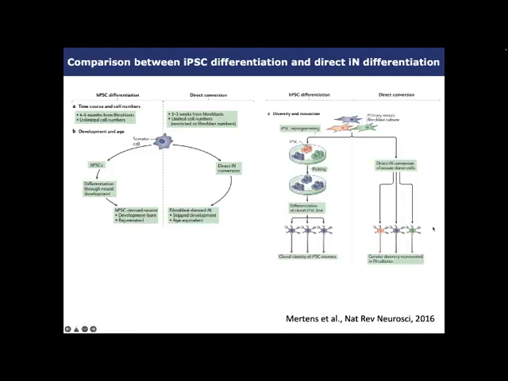So why is direct reprogramming beneficial? There are many differences between these two methods. Making induced pluripotent stem cells from somatic cells and differentiating those pluripotent stem cells again toward neurons or other disease-relevant cell types. This pathway, the differentiation from iPSC, takes a quite long time.